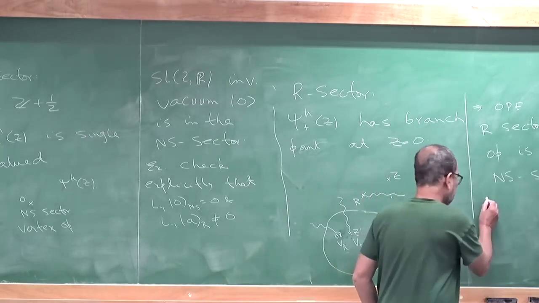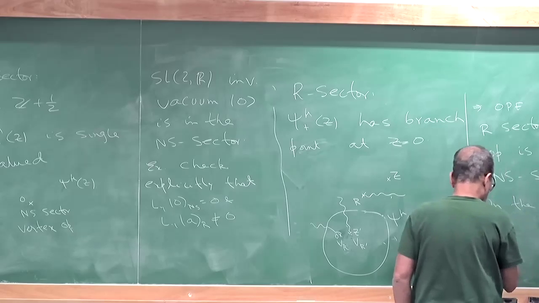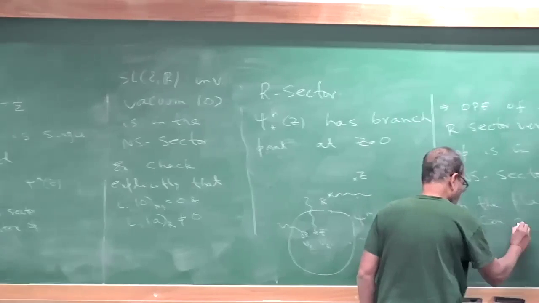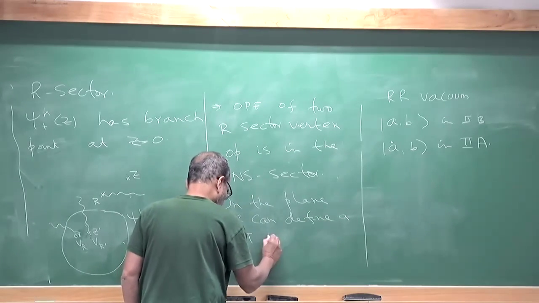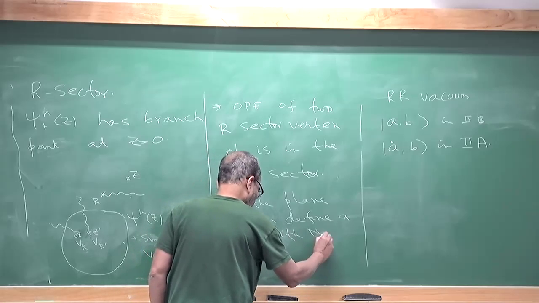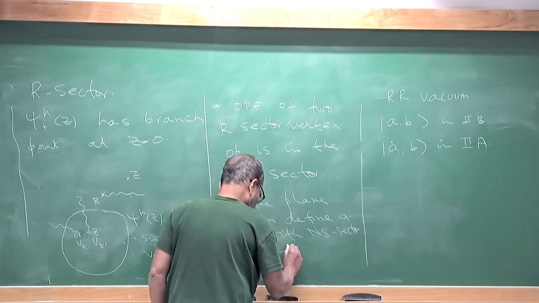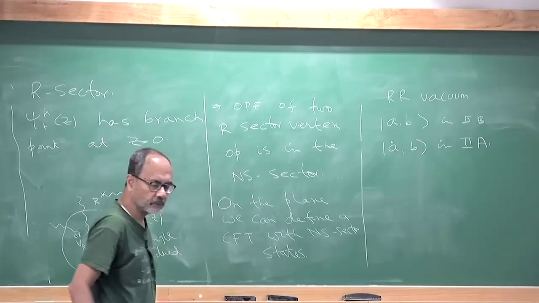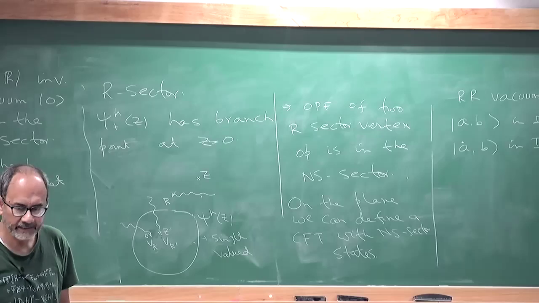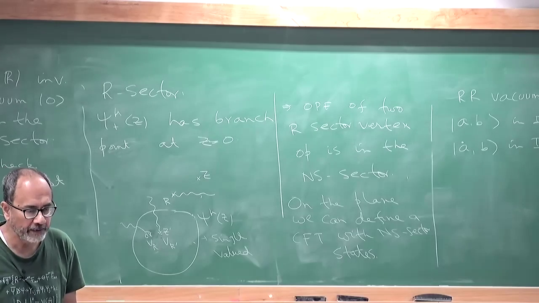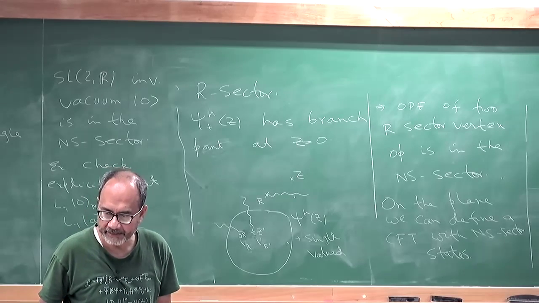So on the plane, and if you want to combine left and right, basically it will say that with NS sector states, you are okay. The OPE closes, right? Because the product of two NS sector states will give an NS sector state.